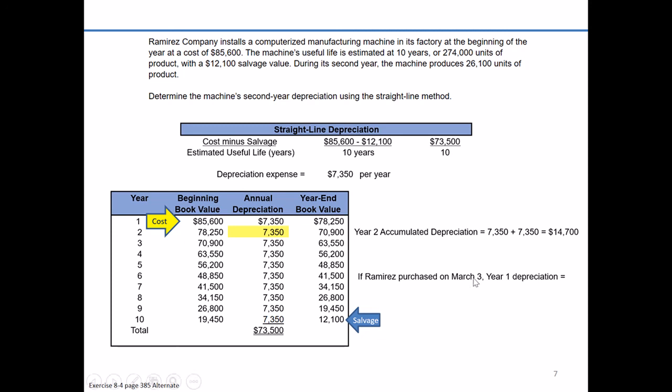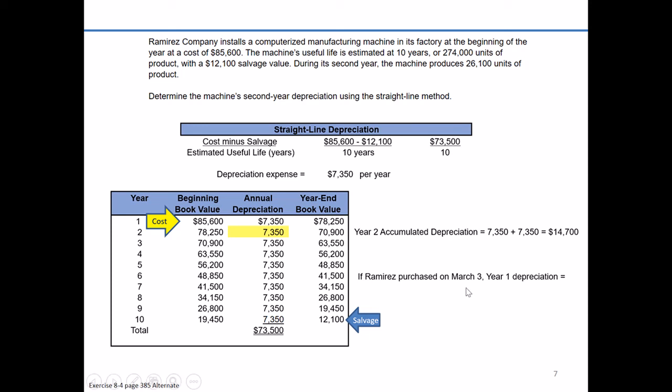If we purchased on March the 3rd, usually when something's purchased on the 15th or before, typically we round up to the beginning of the month. Just to make it a bit easier, we'll round it to a whole month and consider it in use as of the beginning of the month.